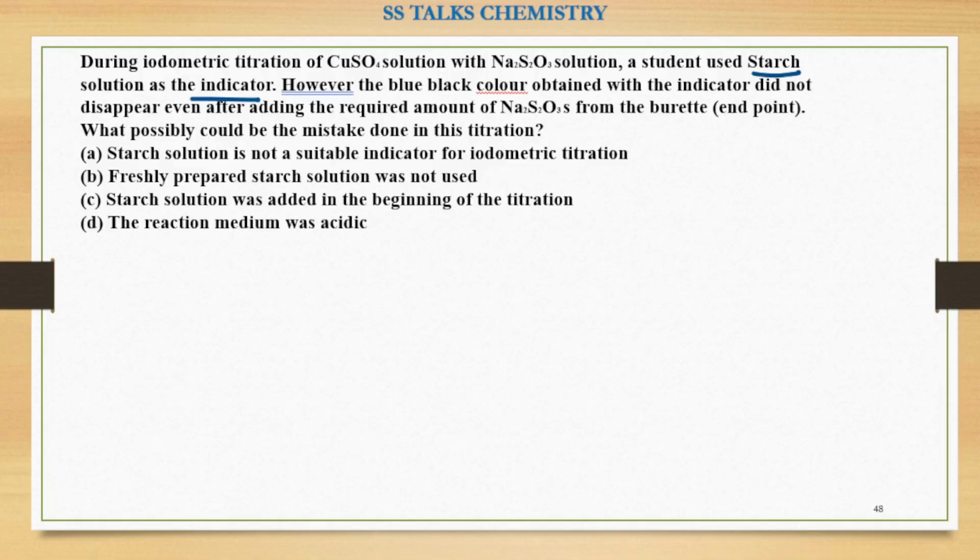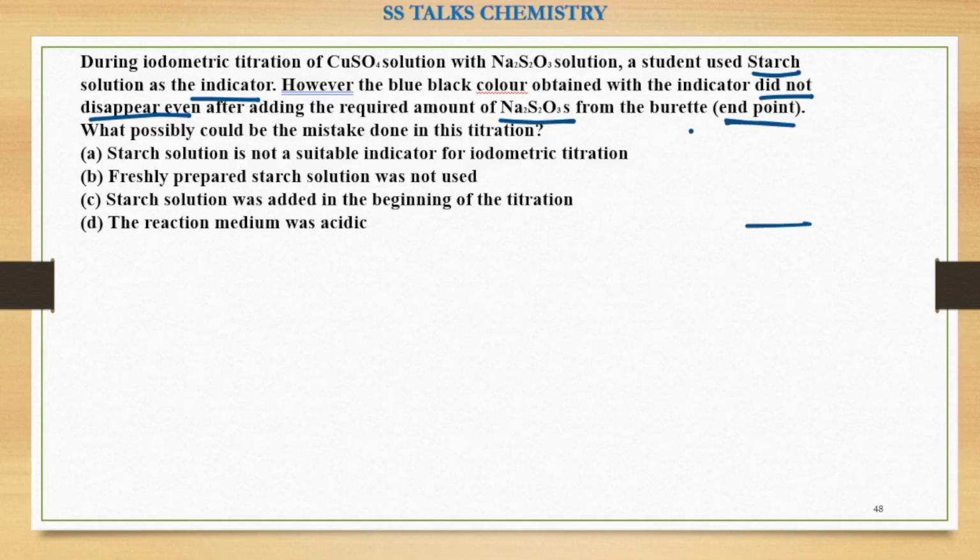This starch has a specific bluish black color that denotes the end point of the reaction. However, the blue-black color did not appear. So the indicator was added, but the endpoint was not achieved, even after adding the required amount of sodium thiosulfate from the burette.